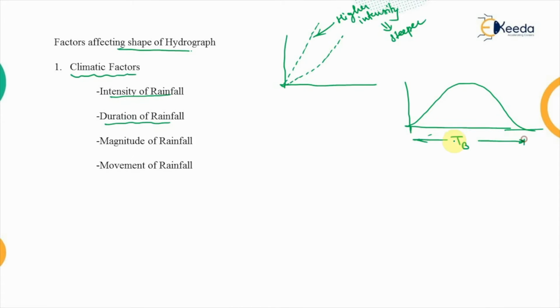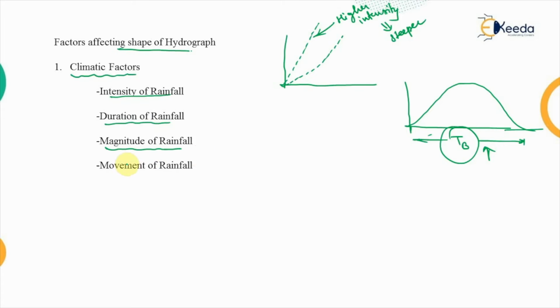That means this base period will increase if the duration of the rainfall is increasing. Then the magnitude of the rainfall will again be the same as in the first case: in case of a magnitude increment, the curve corresponding to the rising limb will be steeper.